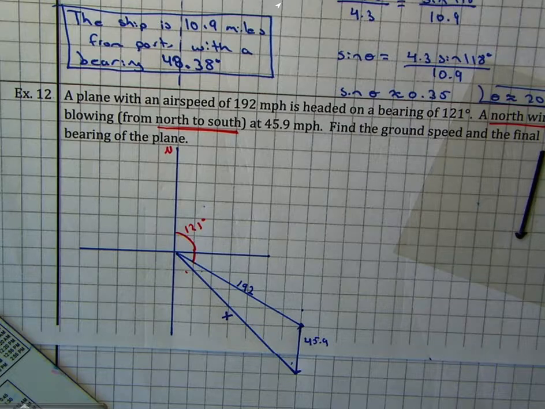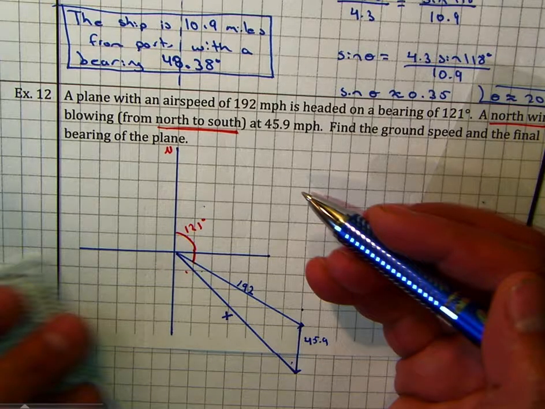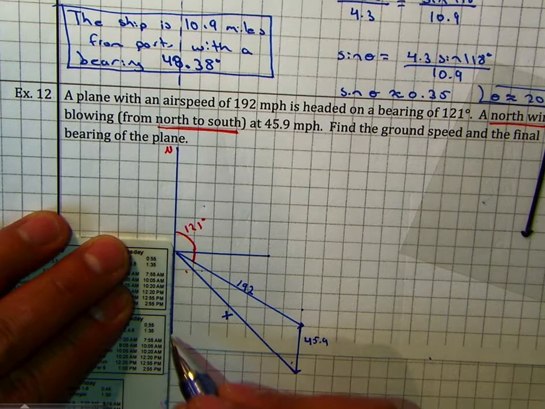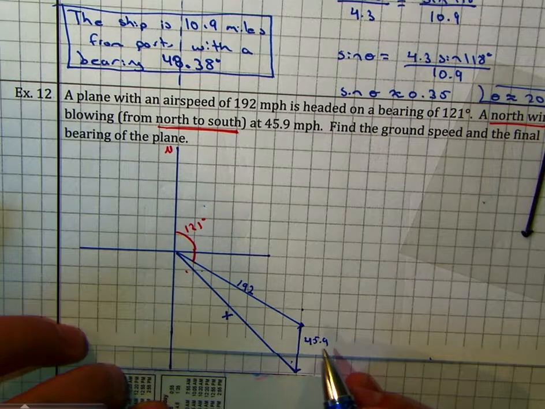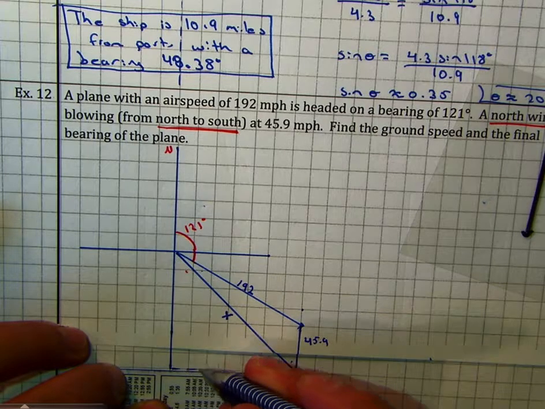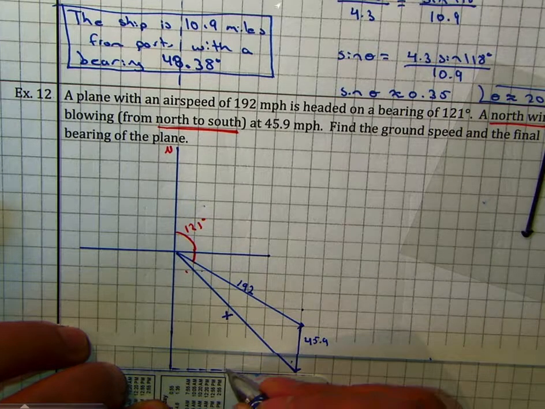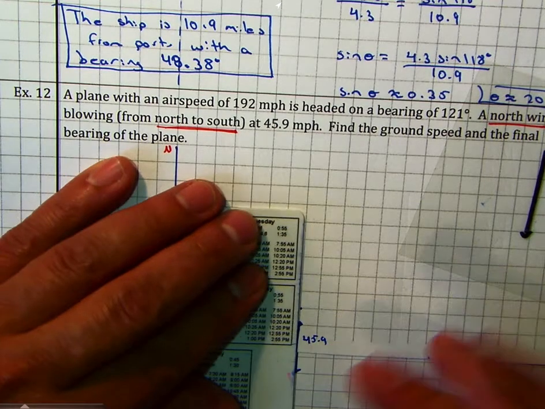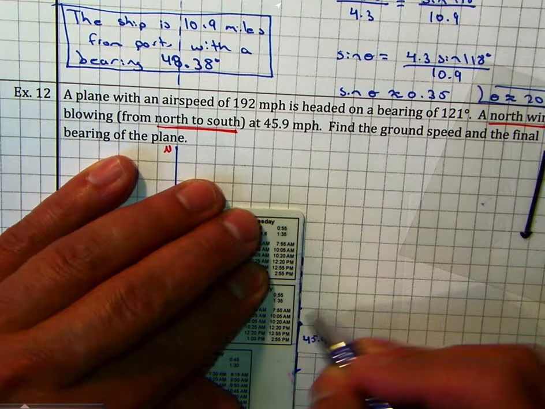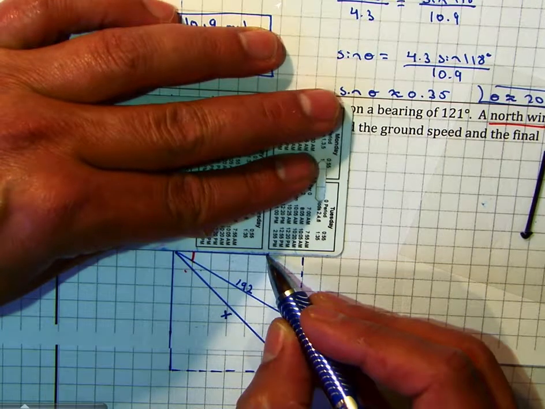To do so, we are going to use our right triangles. So I'm going to extend this side and I'm going to place it as dash. And I'm going to extend this side and I'll place it as dash.